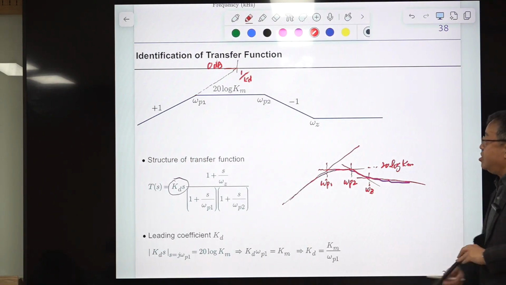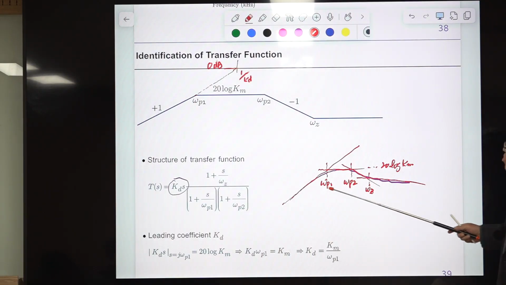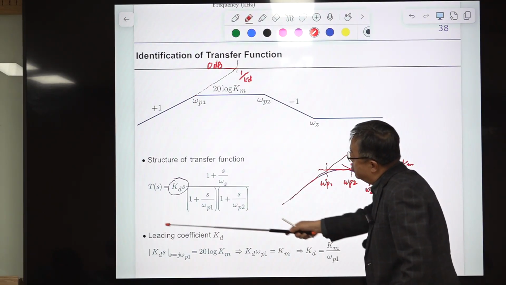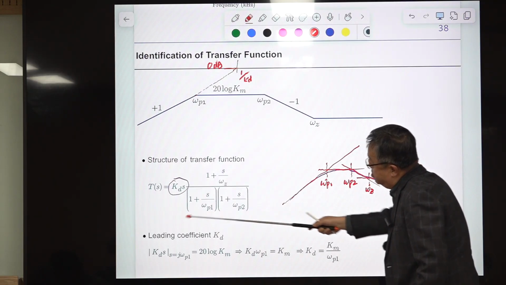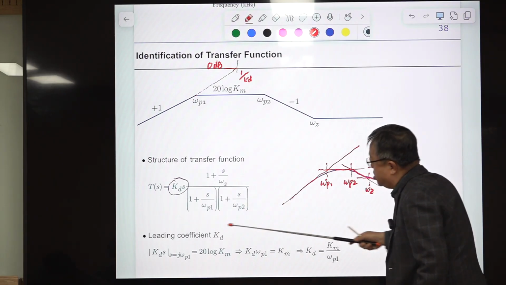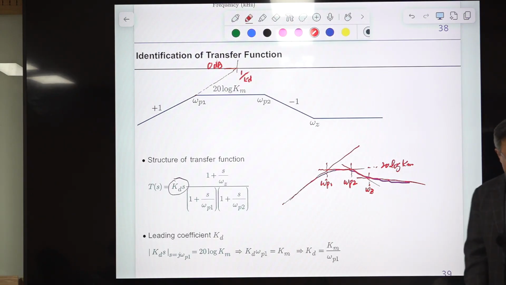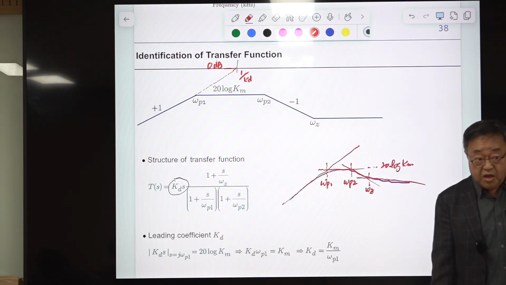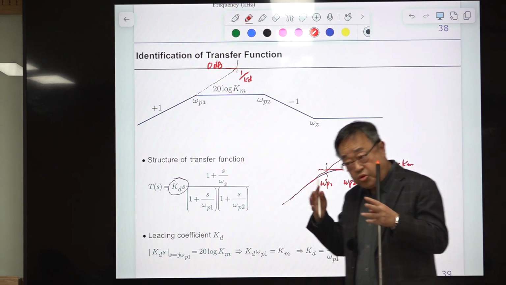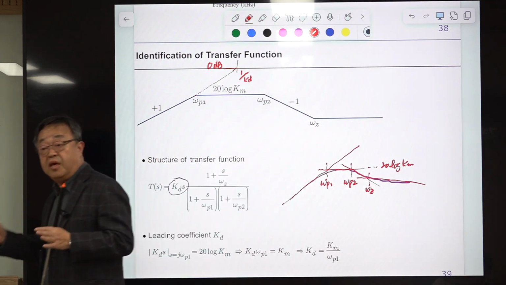You construct the transfer function in this manner, and you plot the Bode plot of this reconstructed transfer function and compare with the original one. They are very similar. Okay, extremely similar. It's hard to tell the difference between them for many cases.